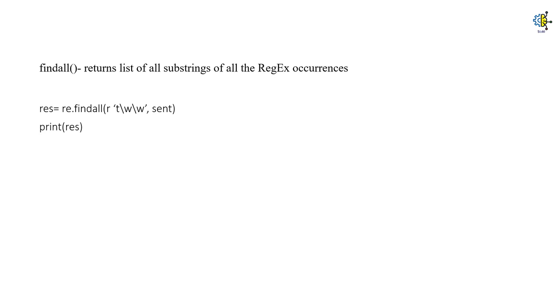Now you simply have to print the resultant variable, and you can see that the output is 'the', 'the', because there are two occurrences of the specified regex format in the given sentence. So the findall method has returned a list of all the substrings of the given regex.